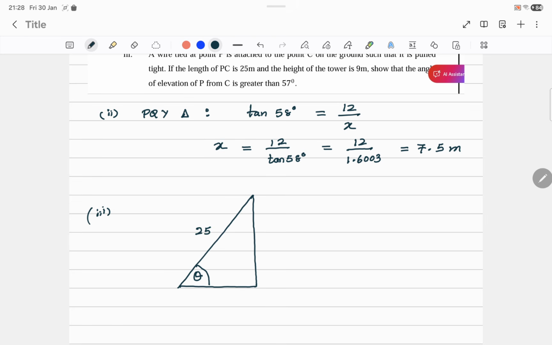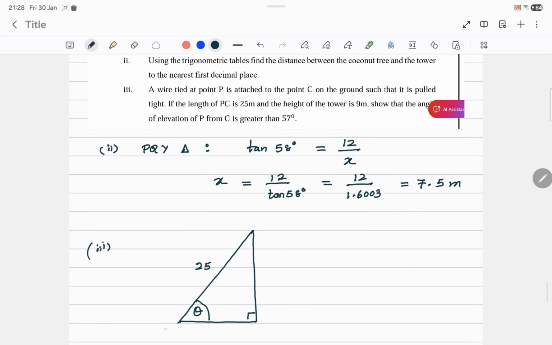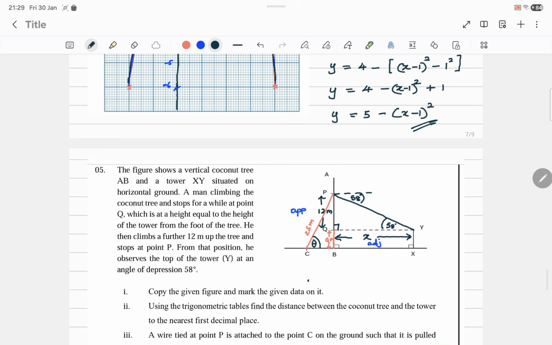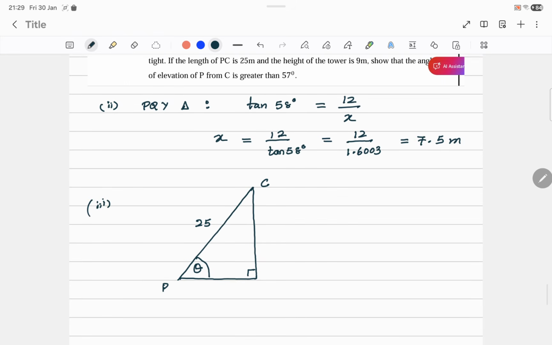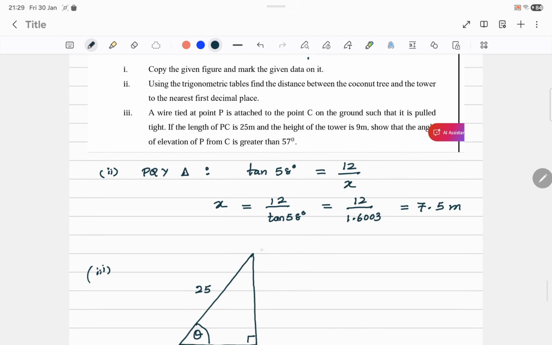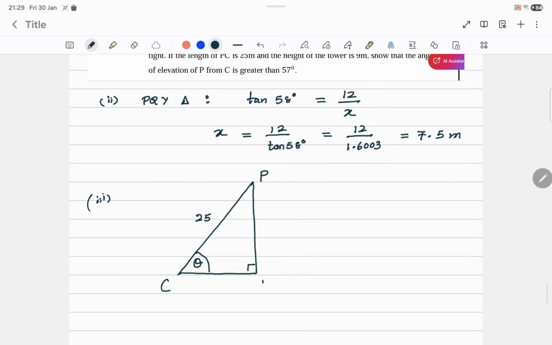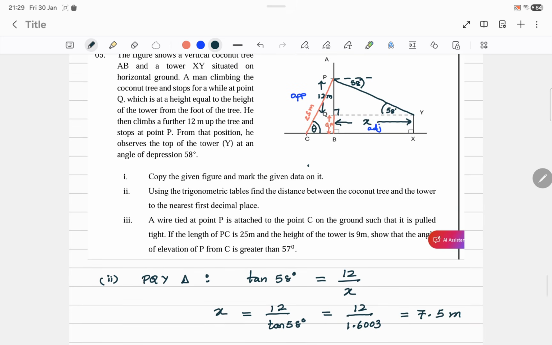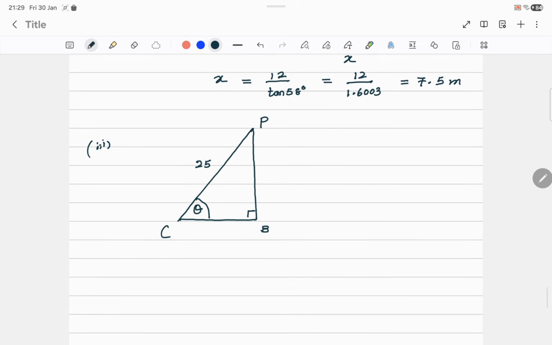This is given to be 25. PCB triangle, yes. Right, so PC is 25 and PB is what? This is 9 meters, this is 12 meters, so 21 meters.